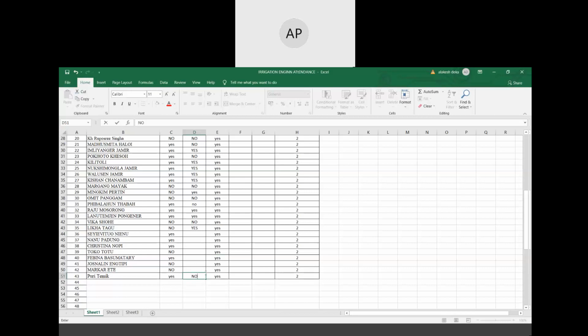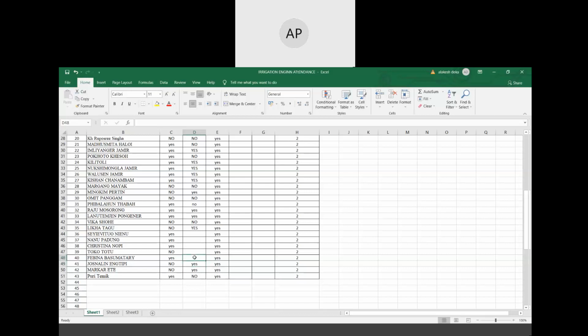Margarite, present, ma'am. Febina, yes, ma'am. Ingtipi, Jos, Nelin Ingtipi, yes, ma'am. Jos, okay, present.